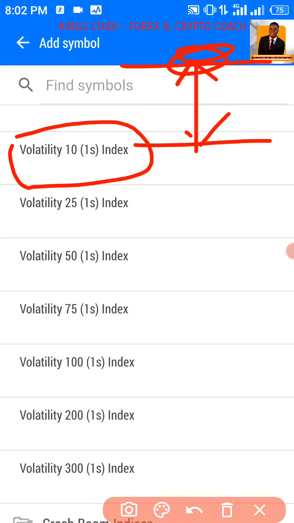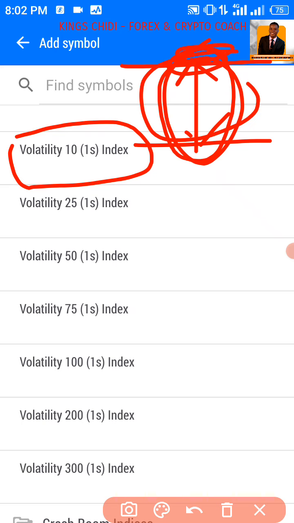So if you catch this kind of move on volatility 75, the money you make will be higher than the same kind of movement someone is cashing on volatility 10 or volatility 25 or volatility 50. So that's what I mean by less volatile. If I say less volatile, that means it's kind of small. If I say more volatile, it's kind of big. So that's what I want you to understand.